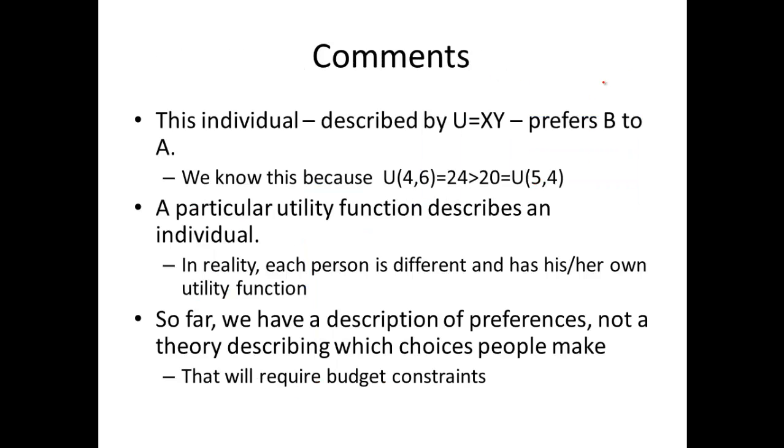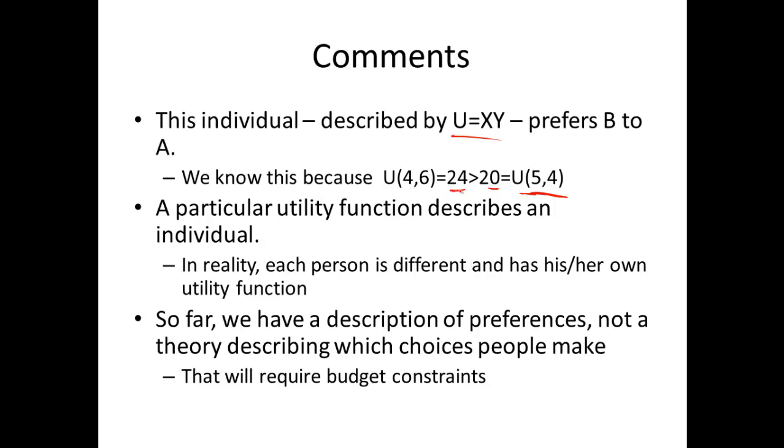Let's make a few comments about what's going on in that diagram. This individual, who again is described by this particular utility function, u equals x times y, this person prefers B to A. Now how do we know that? Well, we know that because the utility associated with bundle B, which is the utility of 4, 6, equals 4 times 6, or 24, whereas the utility associated with bundle A, which is the utility of the bundle 5, 4, just equals 20.